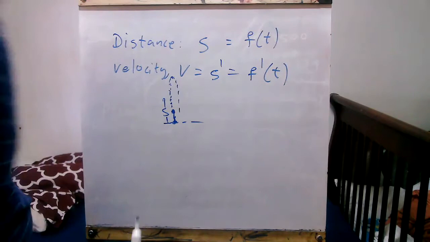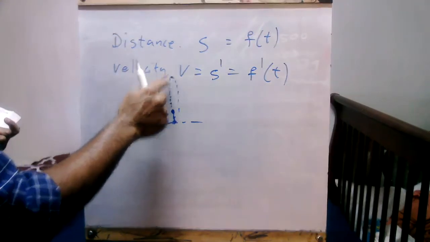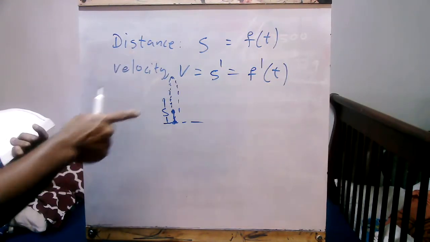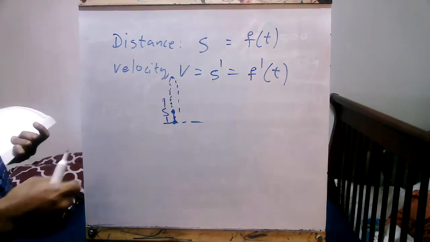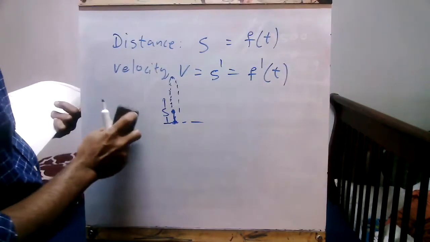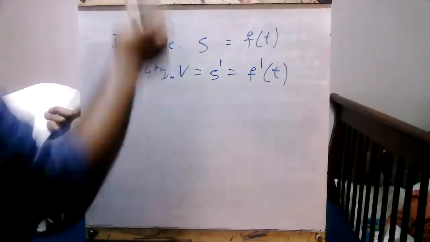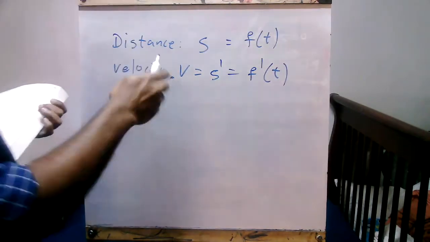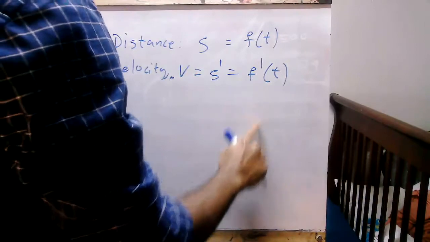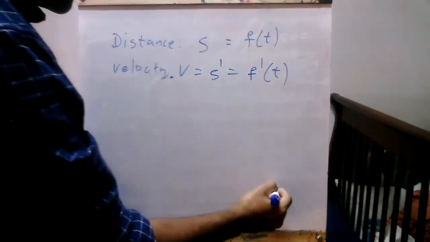Now how about the acceleration? I told you velocity decreases because it is decelerating. Decelerating means the opposite of accelerating. It slows down. So I'm going to erase this and write the acceleration here. When it is going up, it is going up with a deceleration.